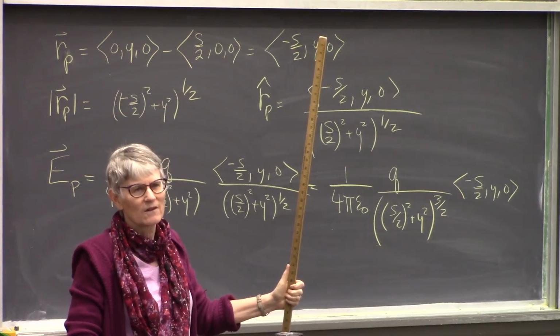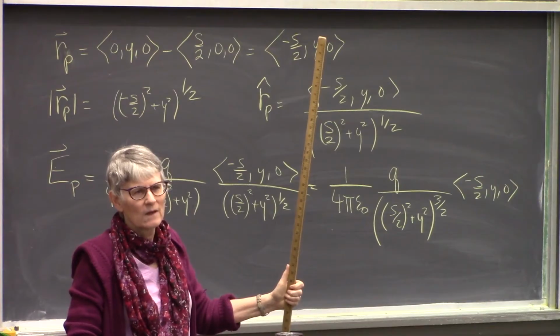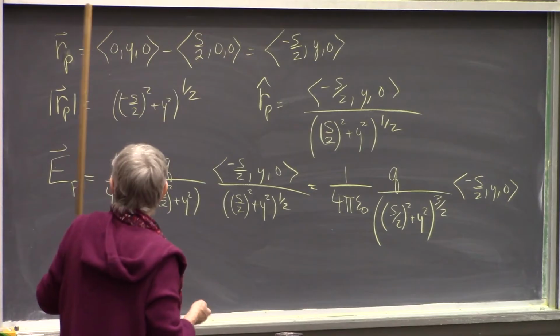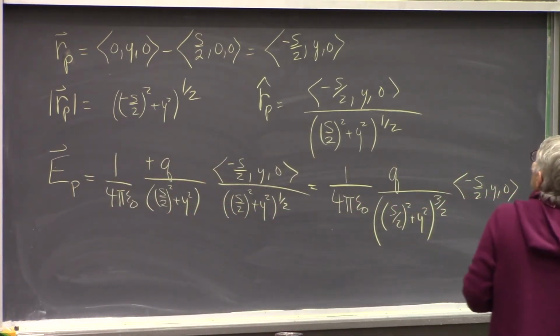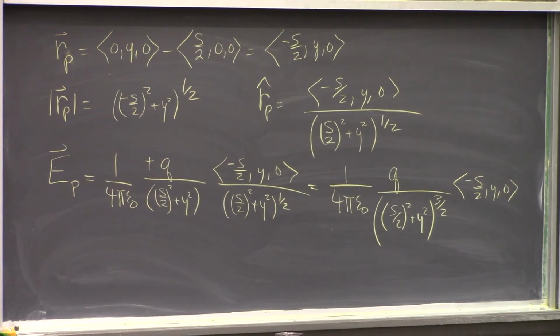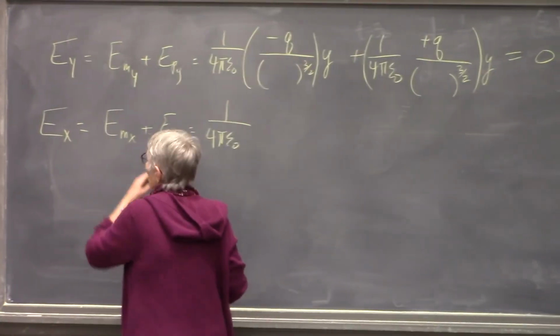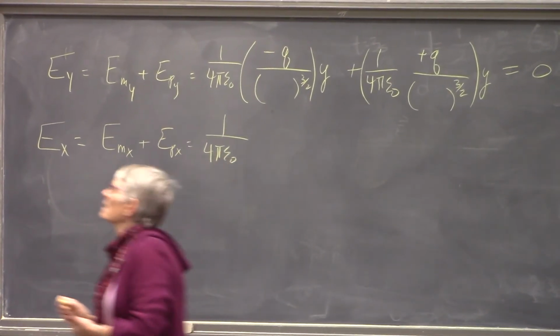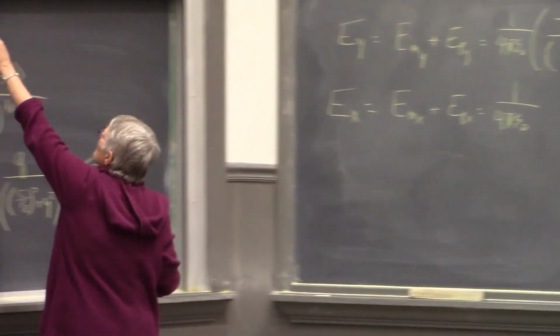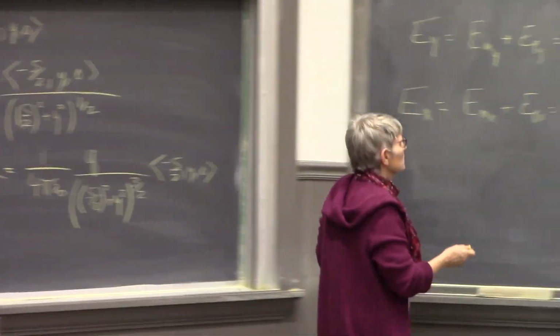Other questions? Okay, so let's see what we get for the x component. And now you have to help. So E minus x plus E plus x. So we have a 1 over 4 pi epsilon 0, given we have that denominator, which is the same.